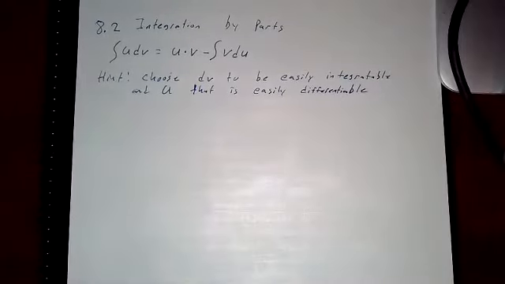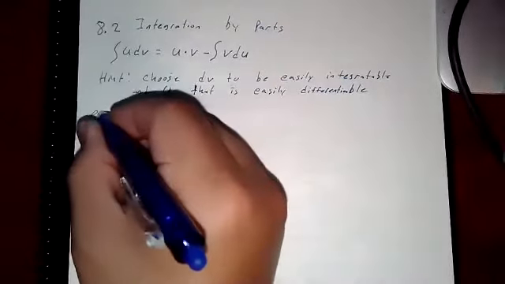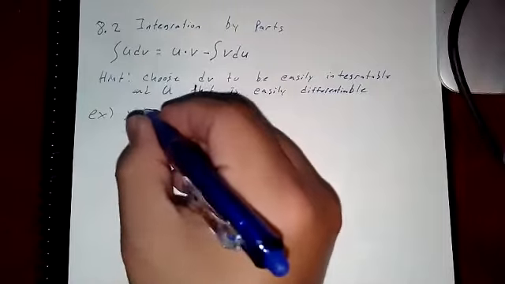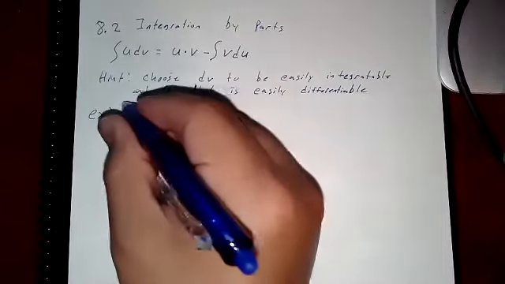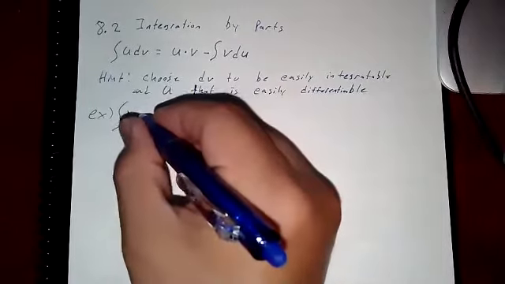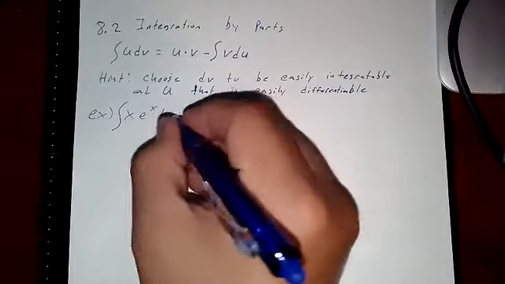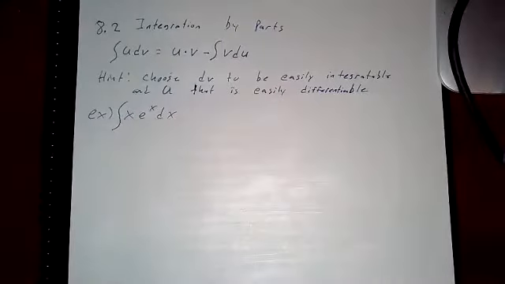Okay. So for example, let's say you have something like this, the integral of x times e to the x dx. There is no u-substitution that's going to help you here. There's no trig substitution or inverse trig.